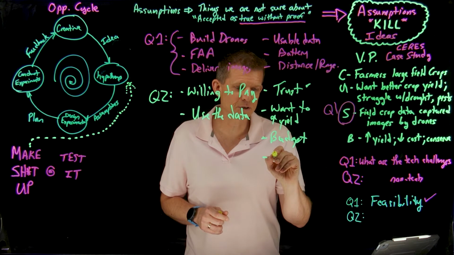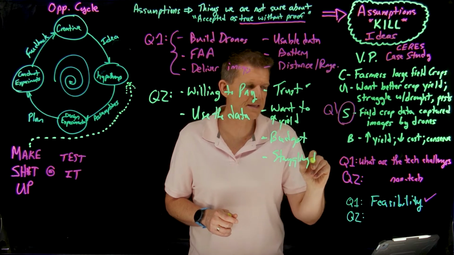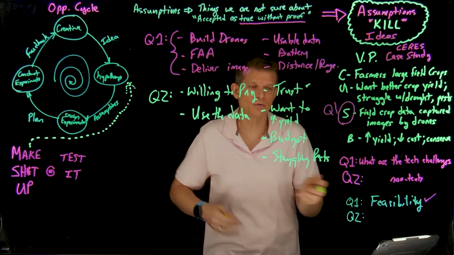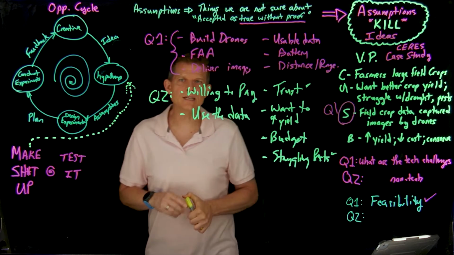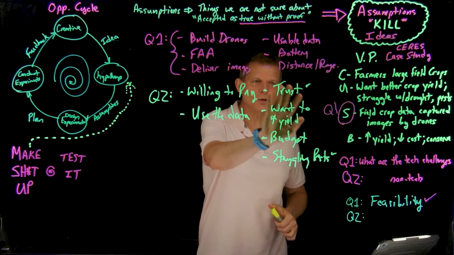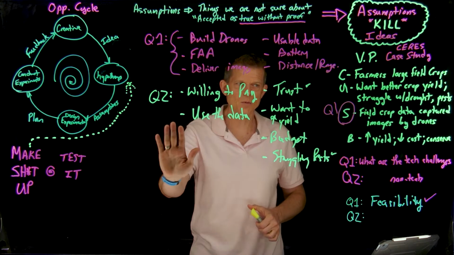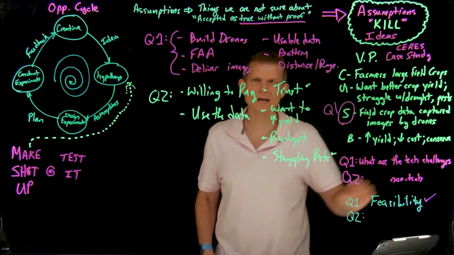Maybe farmers are even struggling with pests. I don't know, we assumed that was true without proof, that they're struggling with pests. So as you can see, question number 2 gets to a little bit more of the nuances of our value proposition. Question number 2, what are the non-technical challenges?